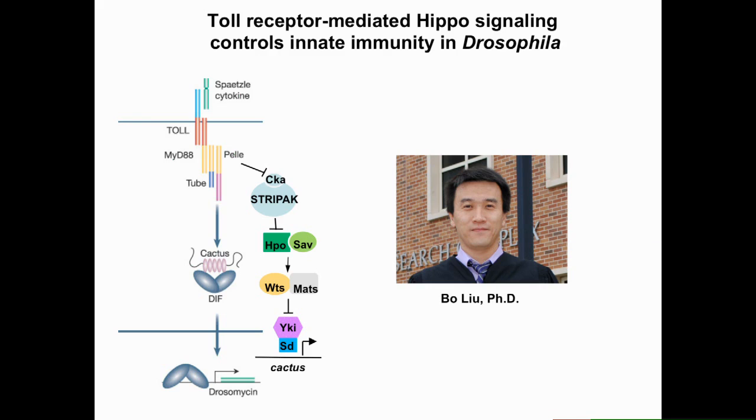We don't see degradation of Yorkie. Generally speaking, in fly, we don't see a degradation of Yorkie, which is very different from the mammalian system, where upon activation of Hippo, YAP not only changes localization, it's also degraded. There's actually a molecular explanation for that, because the fly sequence is different from the mammalian sequence, where it's missing a phosphodegron.